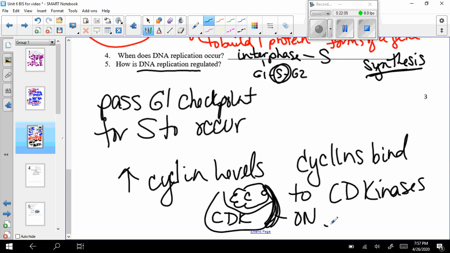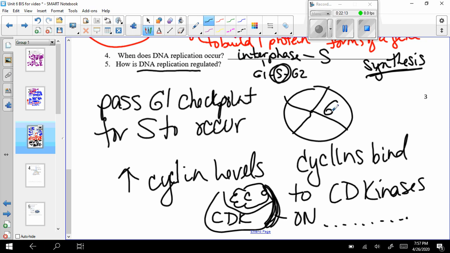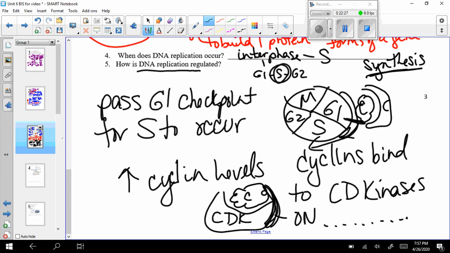If you have enough of these cyclin-CDKs, you can pass the checkpoint. So here is my cell cycle, G1, S, G2, mitosis, and I'm going this direction. Here's my checkpoint. In order for me to pass it and go this direction, I need to have enough cyclins bound to CDKs to pass that checkpoint.